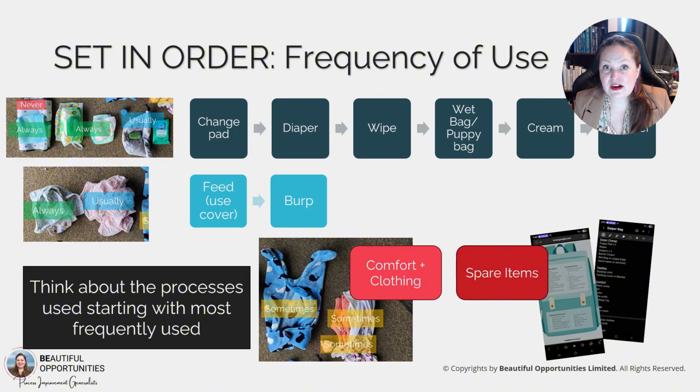I have a cover as well as a burp cloth. The third most common activity is changing the clothing or getting warmer clothing, so that's where we have those comfort clothing items. And I realized as I was doing this that there are some spare items when I looked at what people usually have in here.